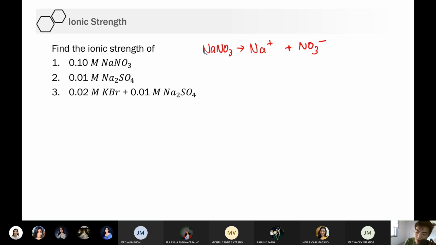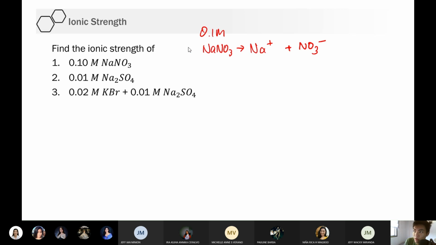So if we have 0.1 molar of sodium nitrate, what is the concentration of sodium and nitrate ions? The concentration of the ions can be determined by their stoichiometry. If their coefficients are the same, their concentrations will be the same.